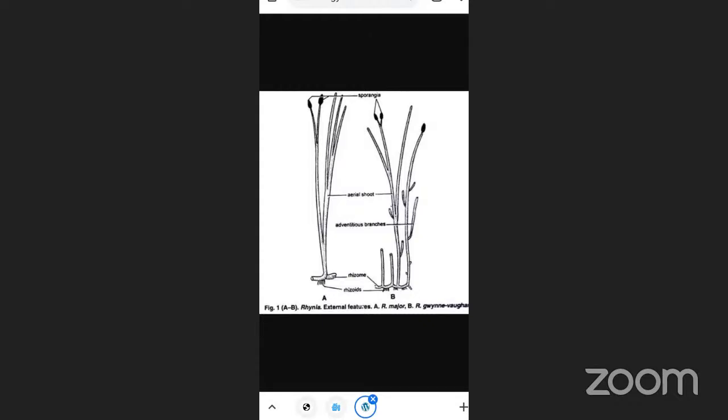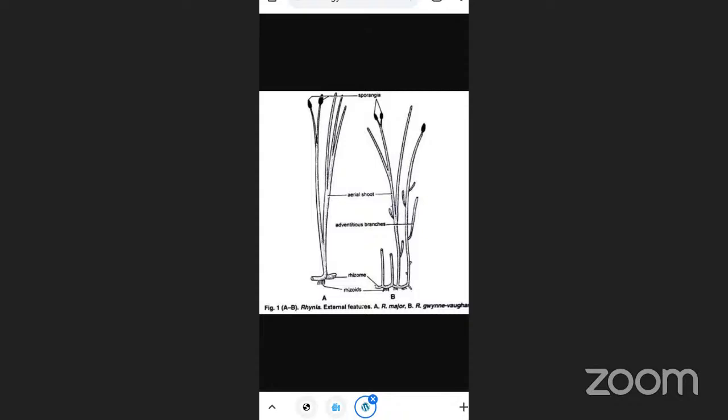What is the structure, morphological feature, and reproduction? These four we discuss in the fifth unit.